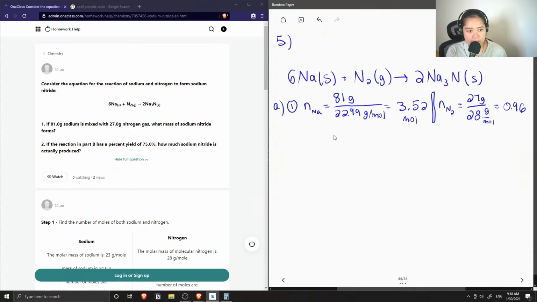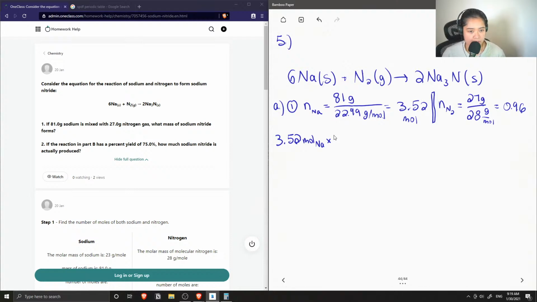But it doesn't end there because we need to find out how much sodium nitride is formed with these amounts of moles for our reactants. So starting with the sodium, we have 3.52 moles of sodium, and we need to multiply by the molar ratio to find out the moles of sodium nitride that can form with this amount.